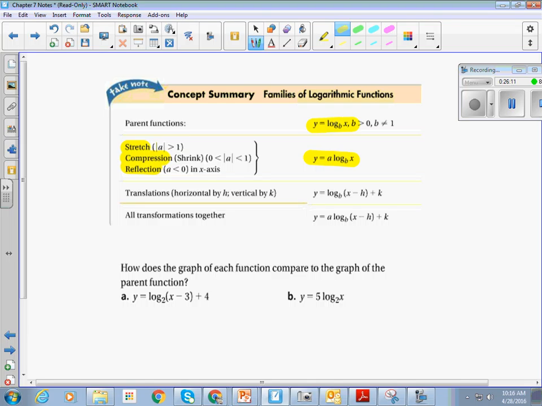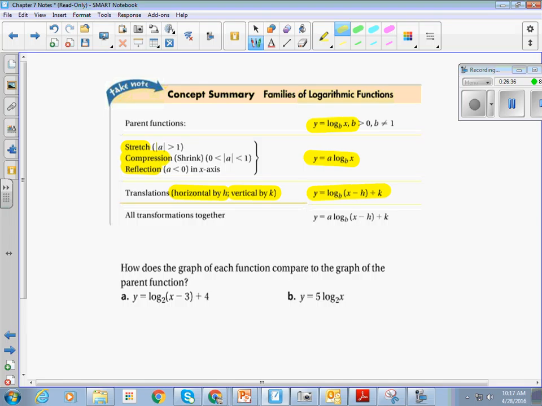If we want to move it horizontally or vertically, inside the logarithm is how we move it left or right. So it's log base b of x minus h. If you have plus inside, that moves it left. If you have minus inside, that moves it right.